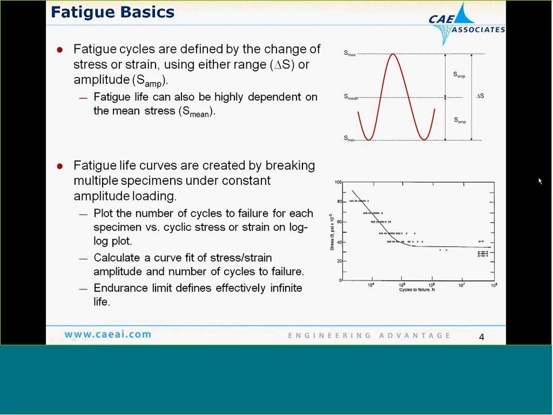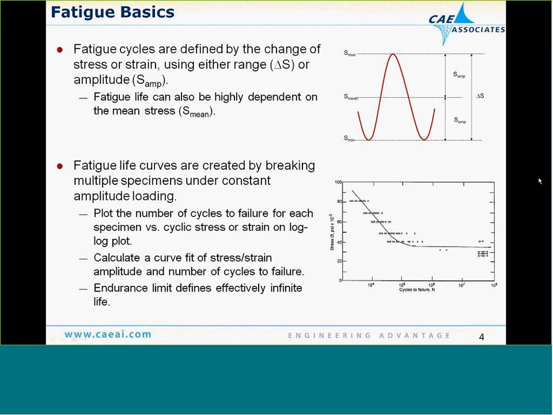So you're basically looking at a max to the min, which is minus the max, and with a mean of 0. And you just apply that load until you reach failure, and then it gets plotted on what's called an SN curve, which is shown below, where the failure stress is plotted based on the cycles of failure of the application of that load that will cause failure. And then that's done over and over at different stress levels.